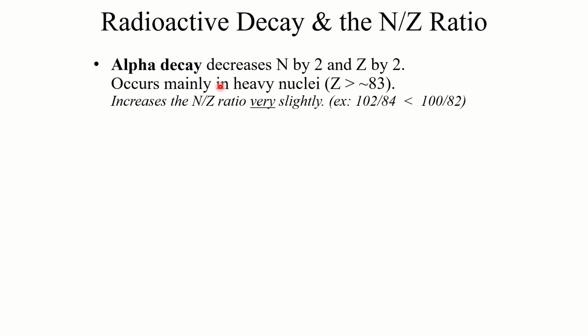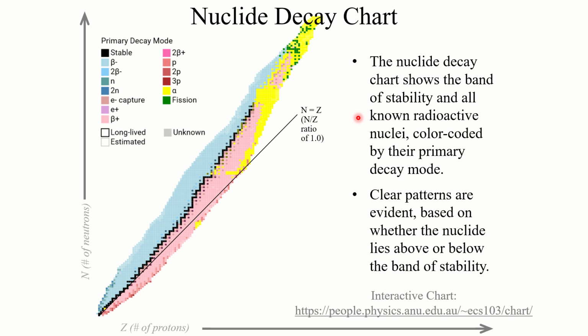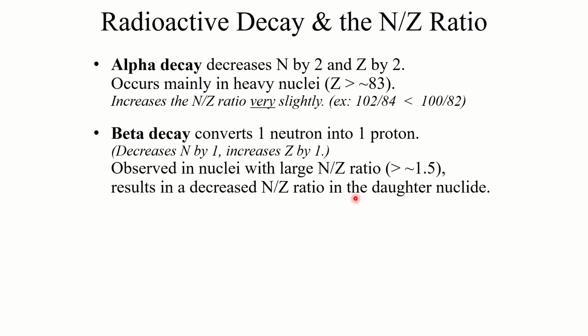This occurs mainly in heavy nuclei, typically with Z values greater than 83. It does increase the N to Z ratio very slightly, but not by much. This is typically just to bring these atoms back closer to the band of stability, because a lot of them are actually out past where the band of stability is. So losing 2 of each brings them closer to this band of stability right here.